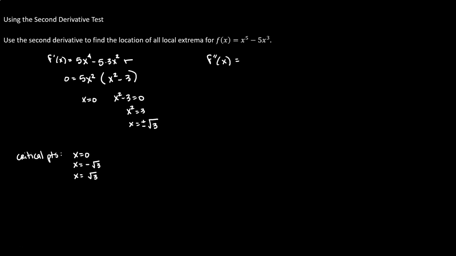If the first derivative looked like this, then the second derivative is going to look like 5 times 4x cubed minus 5 times 3 times 2x. In other words, 20x cubed minus 30x. This is our second derivative. We're going to plug each of our critical points into the second derivative to figure out the sign of the second derivative, to calculate concavity.